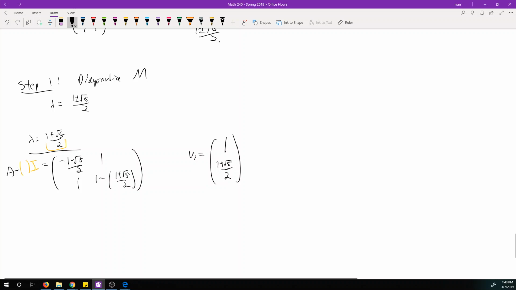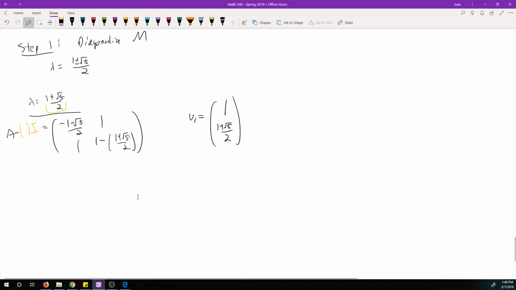Okay, and then I think that should work. Yeah, pretty sure, because that kills off the first row at least. So theoretically that should kill off the second row as well. And then I just haven't worked it out explicitly.